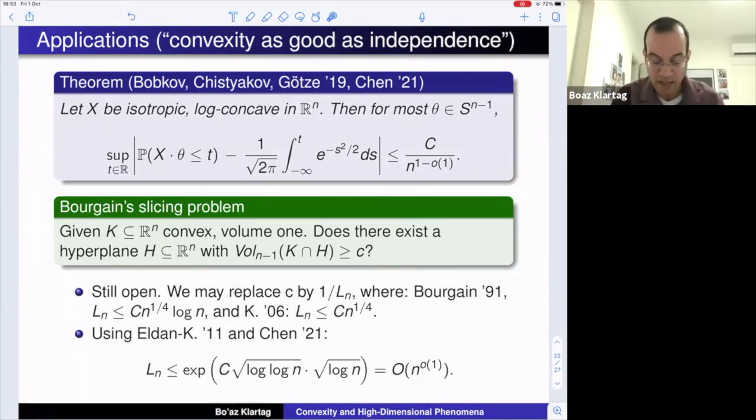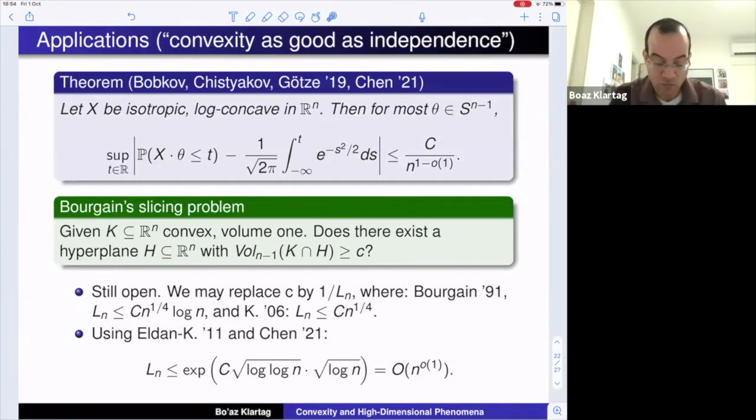Another important application of Chen's bound is an improvement in probably the most innocent-looking problem in high dimensional convex geometry, which is Bourgain's slicing problem. This is an important problem. It looks completely simple, but still it is open today, and it was one of the main problems that drove all progress in this direction in the past 30 years or so.